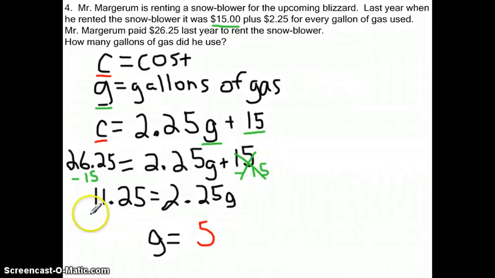So that's just the amount of money I've spent on gas, and it's $2.25 a gallon. So I take that $11.25 and divide by $2.25, and I get my answer, which is 5 gallons.